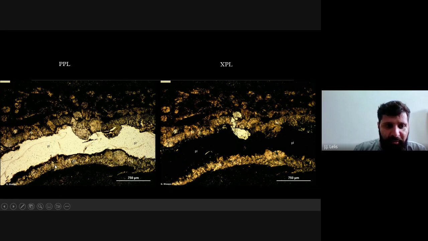So we have different ages, different phases of coating of this void that show us different phases of chemical conditions. Crystals of calcium carbonate in a first phase, and a second, newer, younger age of coating of this dark, fine material, pretty rich in organic matter.